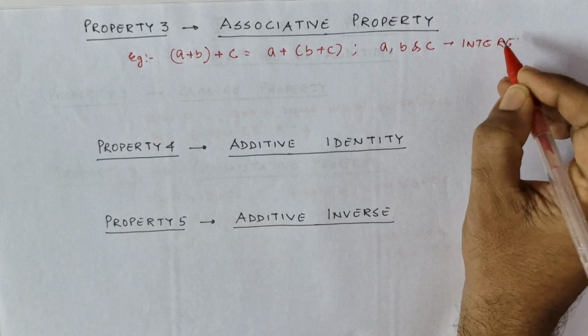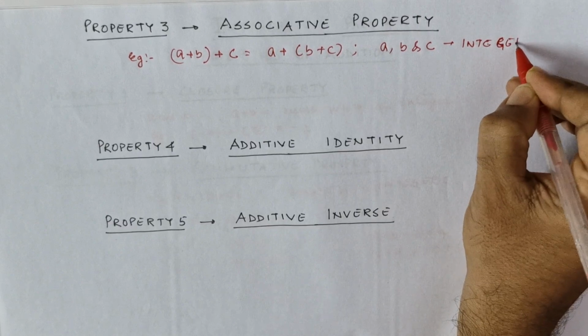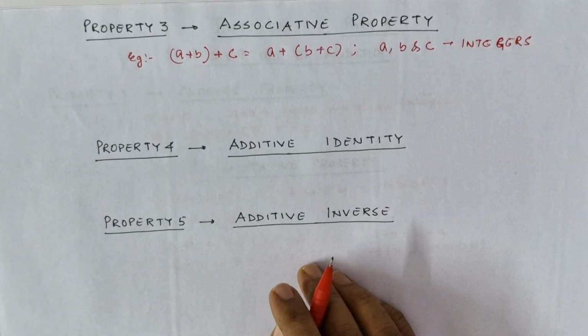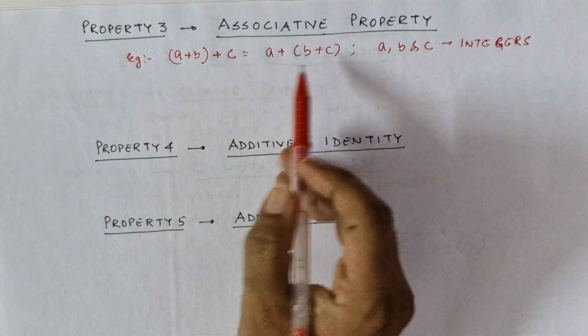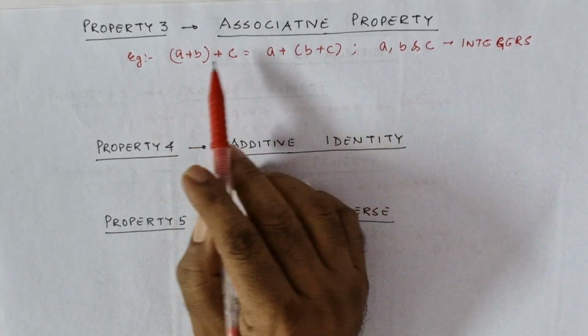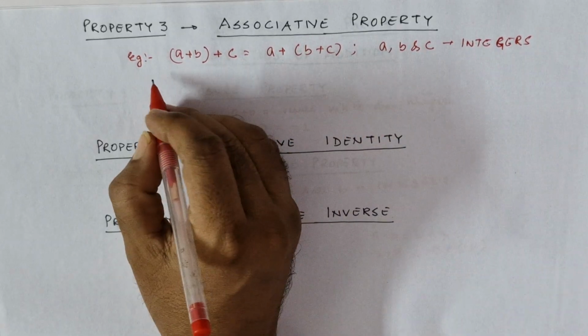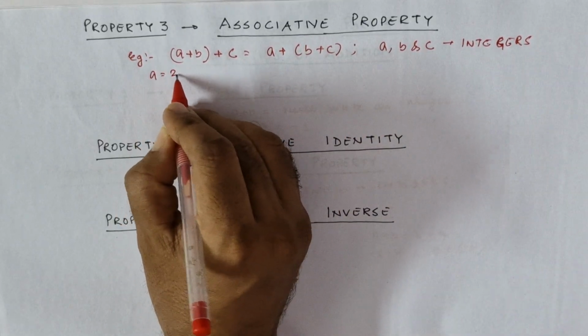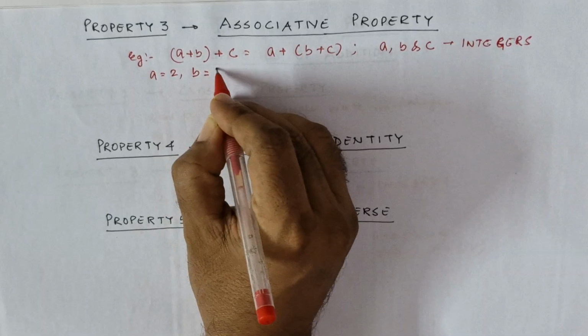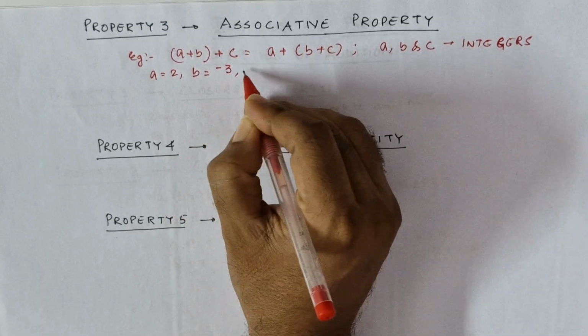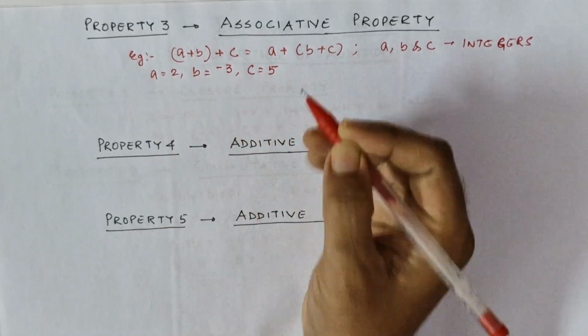So if I change the group, the result will be same. It says in the equation. So let's take A to be 2, let's take B to be -3 and C to be 5.